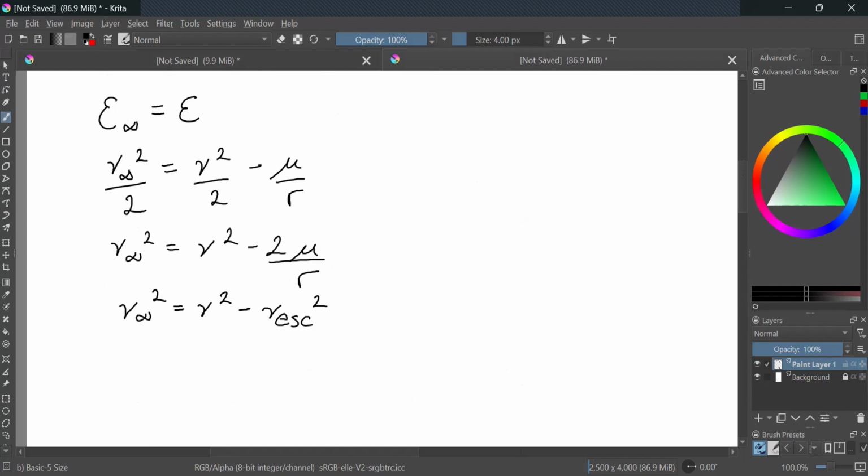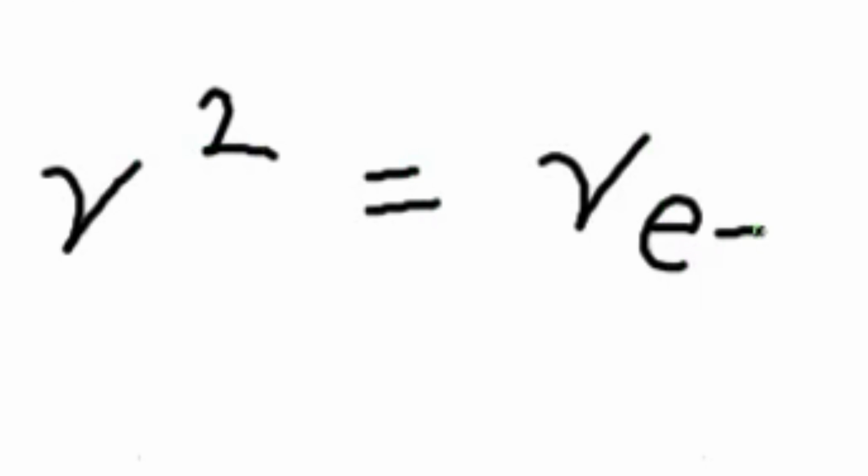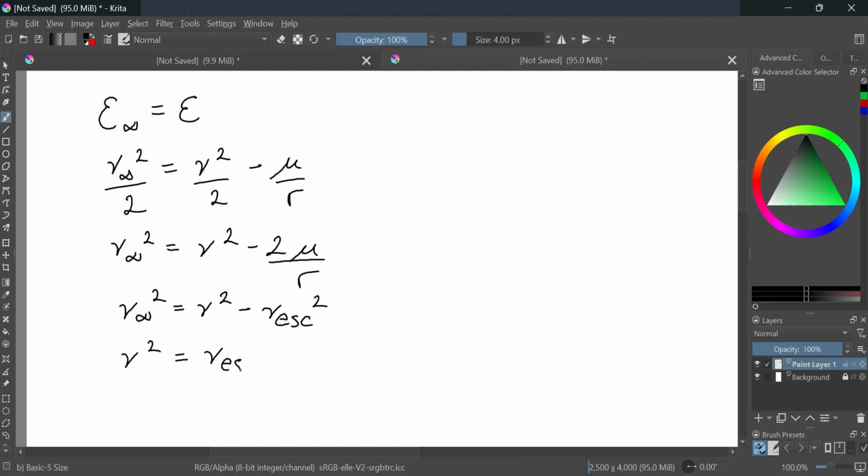Writing this up another way, our total velocity squared is equal to our escape velocity squared, plus our excess hyperbolic speed squared.